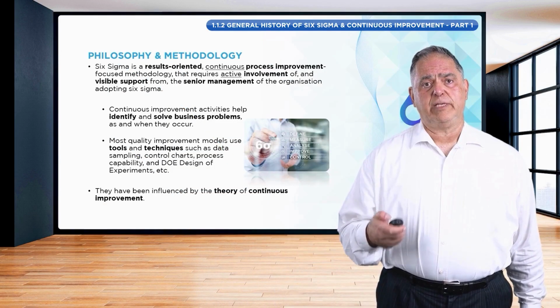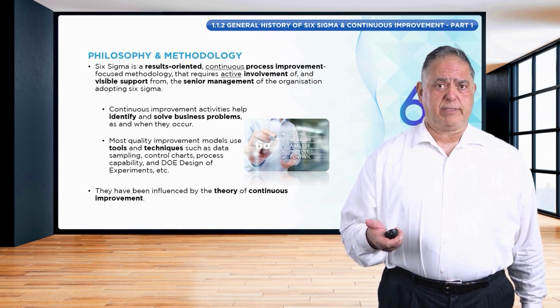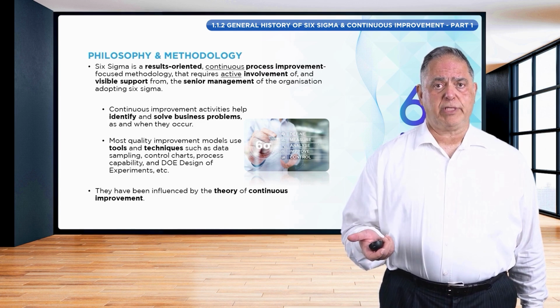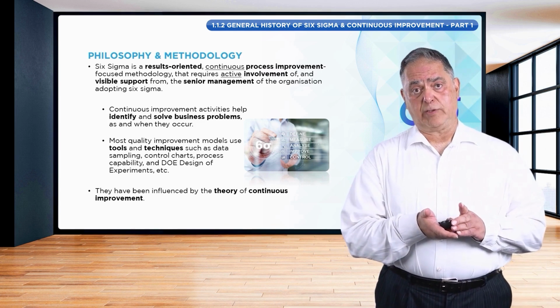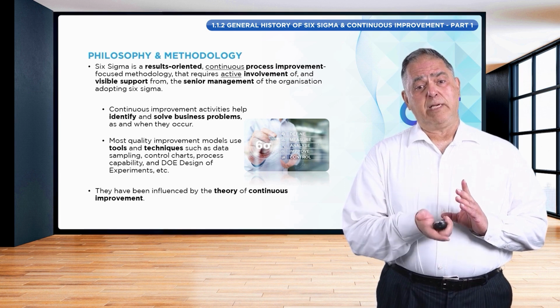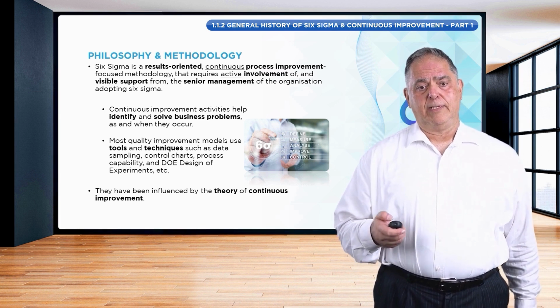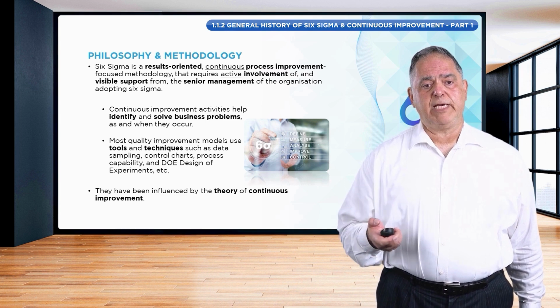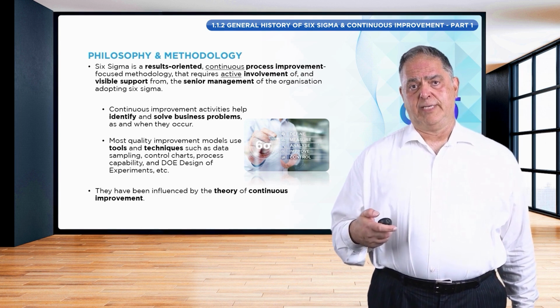Most of the quality improvement methodologies use tools and techniques such as data sampling, control charts, process capability, which is calculated, and design of experiments. And they have been influenced by the theory of continuous improvement.